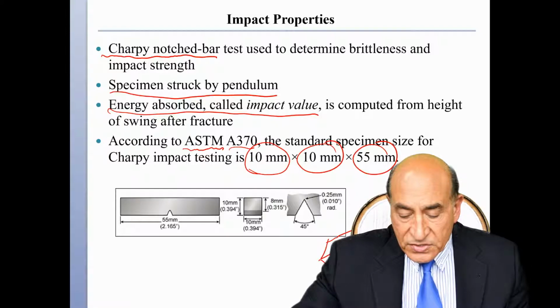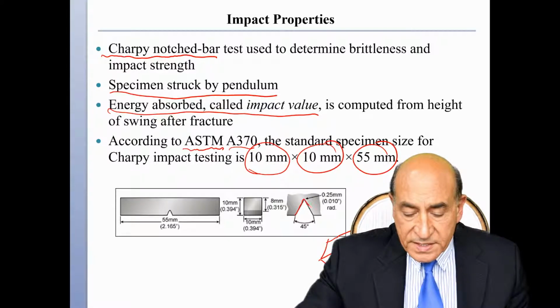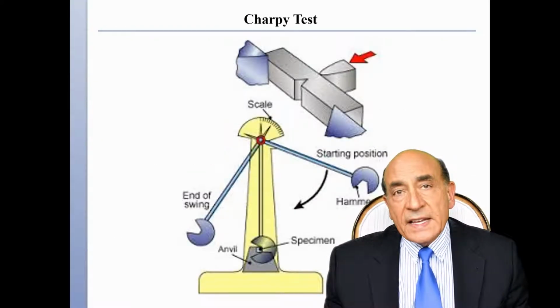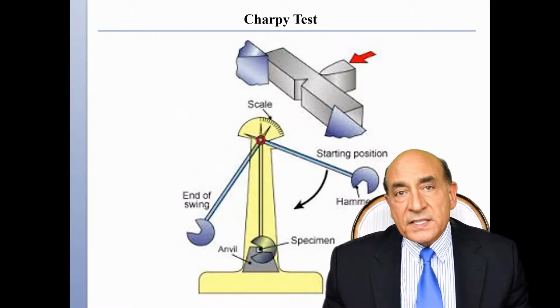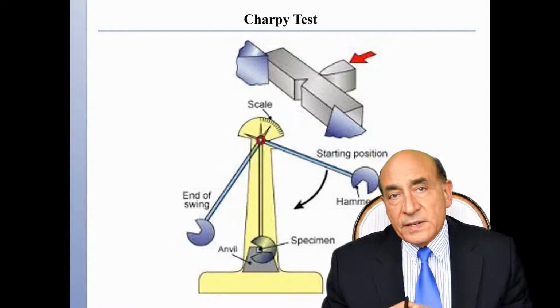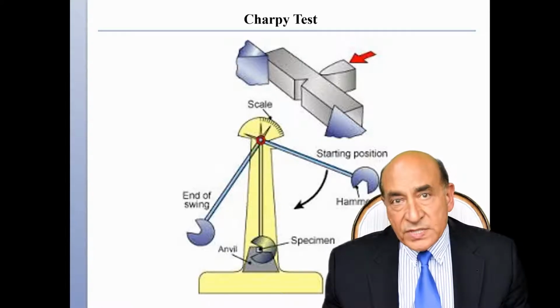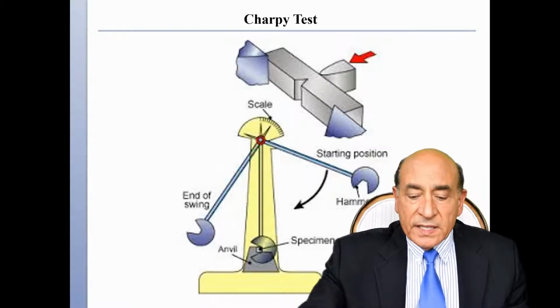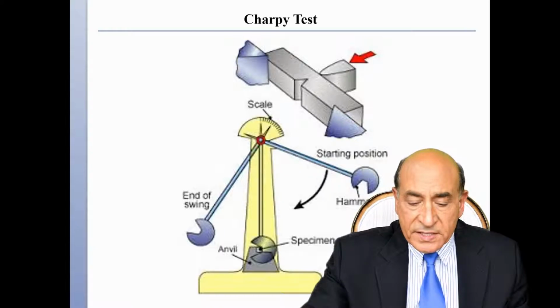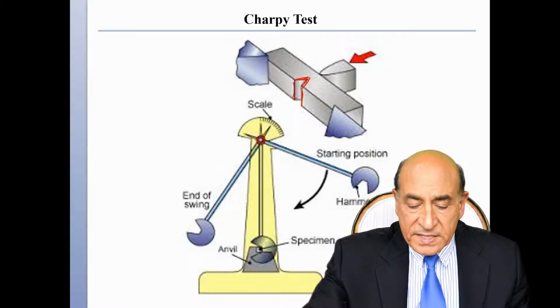This is a detail of the notch at 45 degrees, so that the notch concentrates the stress during the impact test and produces localized fracture to compare one material to another. The sample is shown here, with the standardized 45-degree notch.